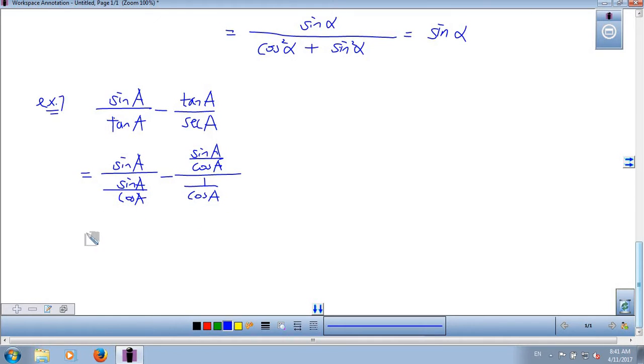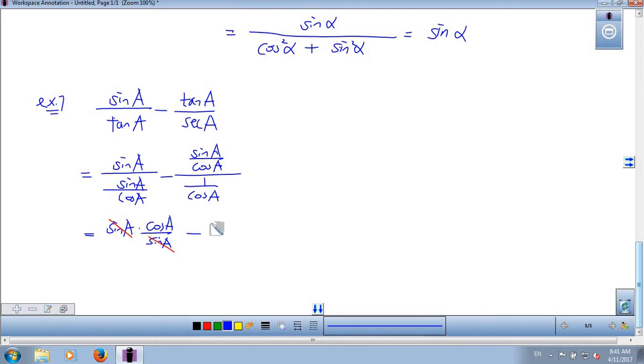Alright, so in the first fraction here, we have sine over cosine. Now remember, when we divide by a fraction, we multiply by its what? Reciprocal. So when we divide by the sine over cosine fraction, we multiply by its reciprocal. So the sine A cancels out.